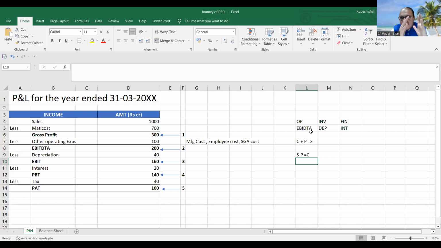Whether the business is run by Tata, or a Birla, or anybody else, EBITDA cannot vary drastically. Hence, in a peer comparison, EBITDA comparison is a very, very important thing when you think as an investor. I hope so far so good, and the point is clear to everybody.